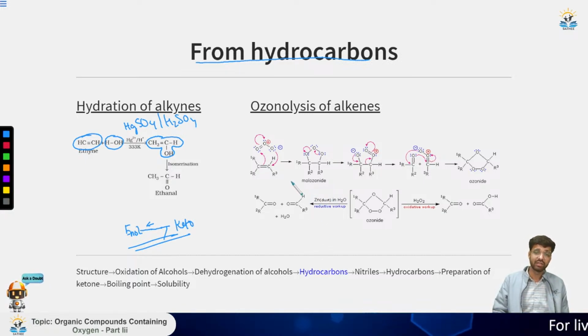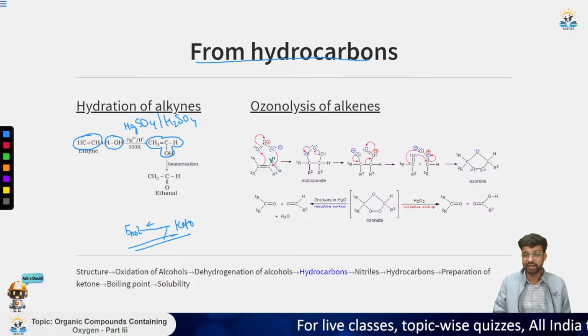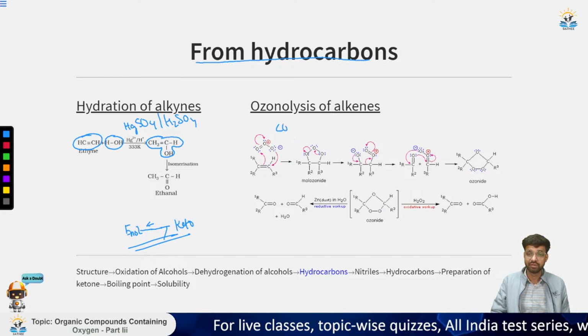So what we are doing is taking an ozone molecule here. First of all, this pi electron will act as a nucleophile, so it will attack on this oxygen, and it will happen in one step. So it is a concerted reaction.